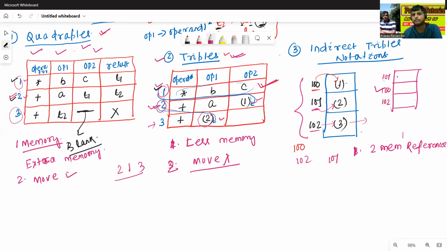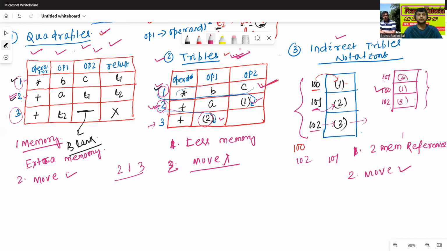If I write 101 here, it means 2, and 102 means 3. In this way we can change the order here. It's not a problem. So if we change the order in quadruples notation and indirect triples notation, there is no problem. But we cannot change the order in triples notation.